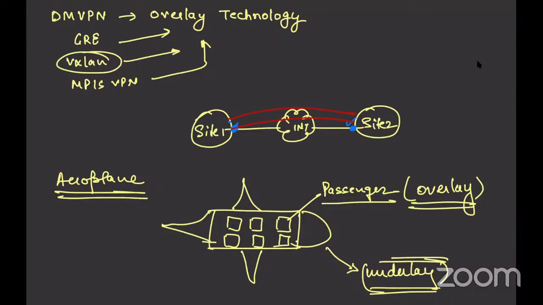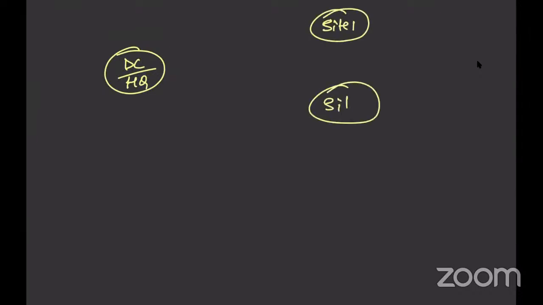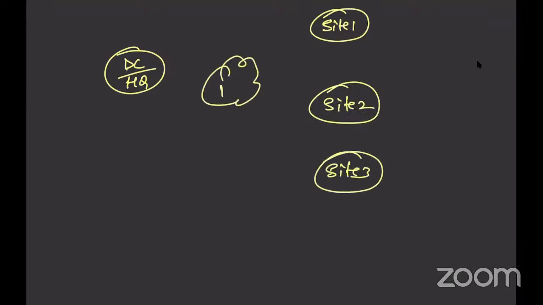Now DMVPN is also an overlay technology, which means first of all you should have your data center or headquarters, whatever it is. Before you do any overlay solution, you need to have the connectivity. This interface has a public IP, as it is connected to the internet.